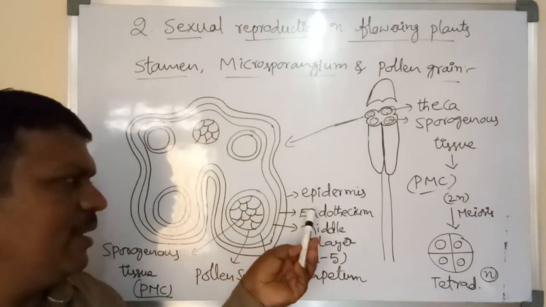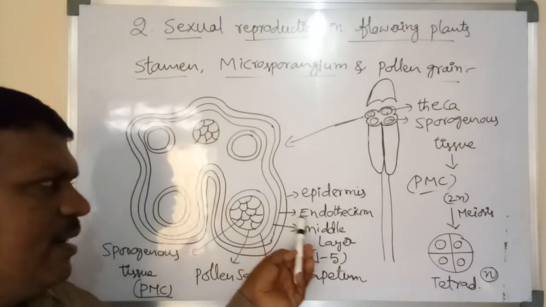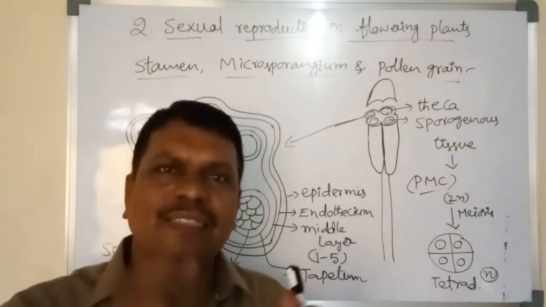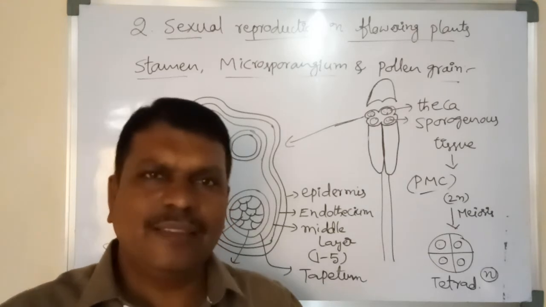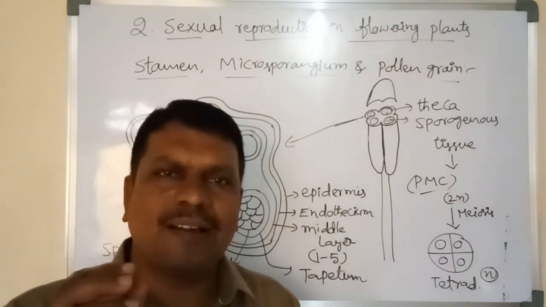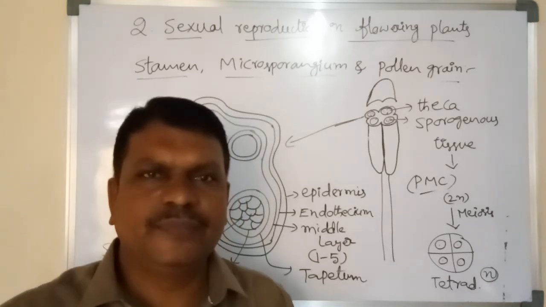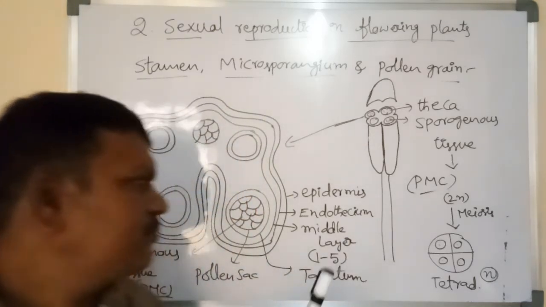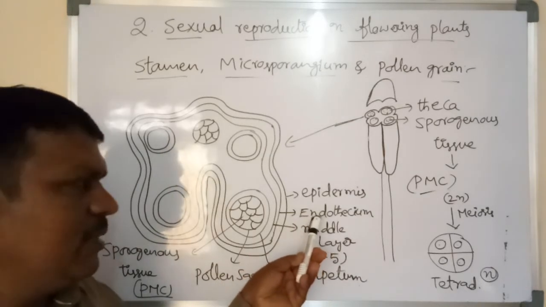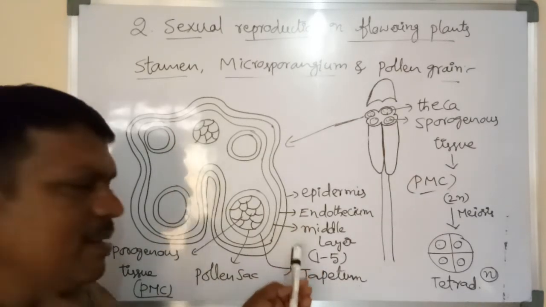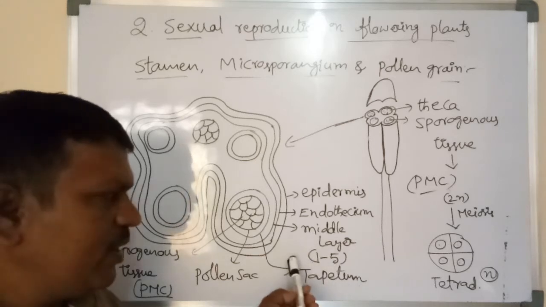Endothecium is also only one cell thick. All cells are closely packed without intercellular space. Clear? Below endothecium, next layer middle layer. Middle layers number 1 to 5.